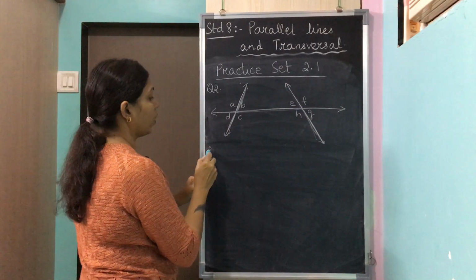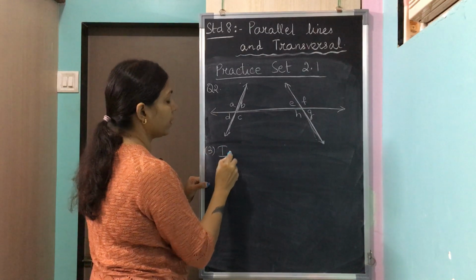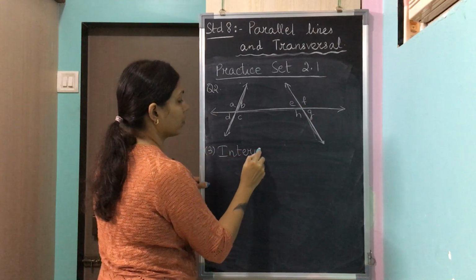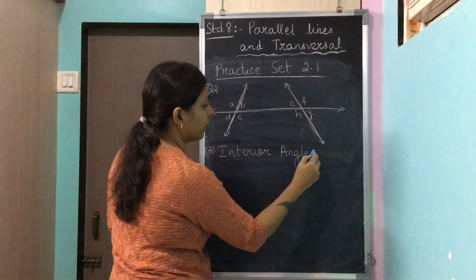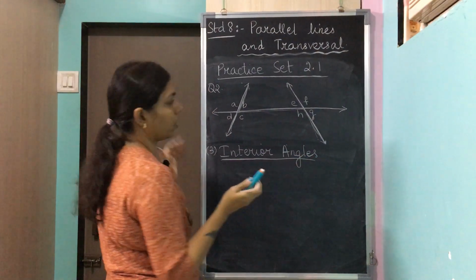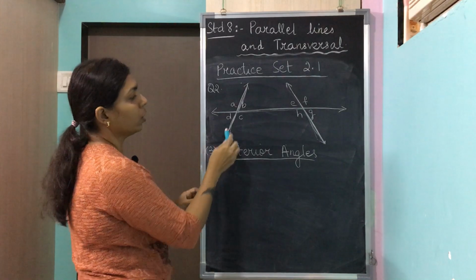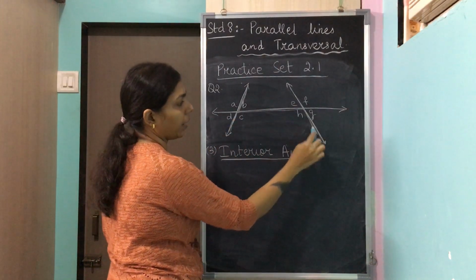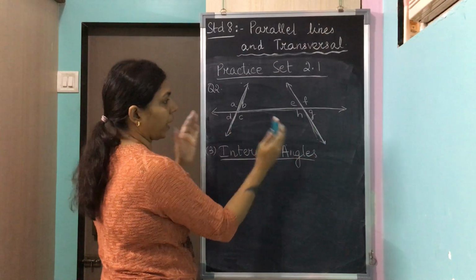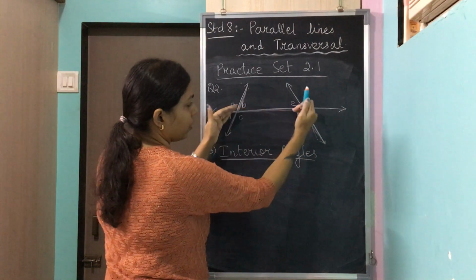The third thing that you have to find out is your interior angles. You remember I told you that your interior angles are what forms a box kind of a formation. So if we have a look over here, angle C and angle H, both of them are kind of forming a box kind of a thing.